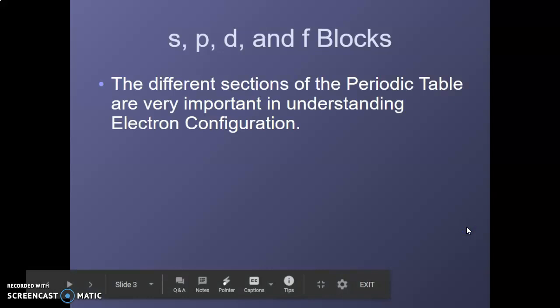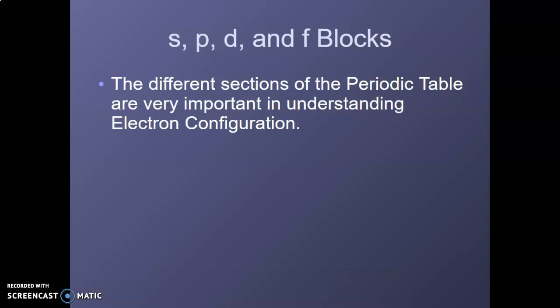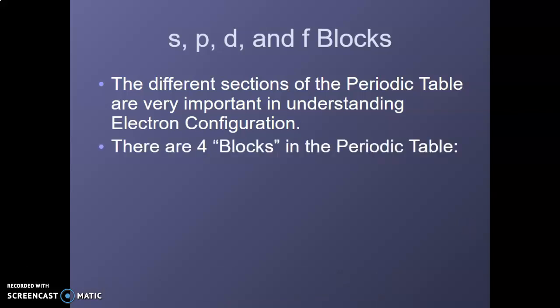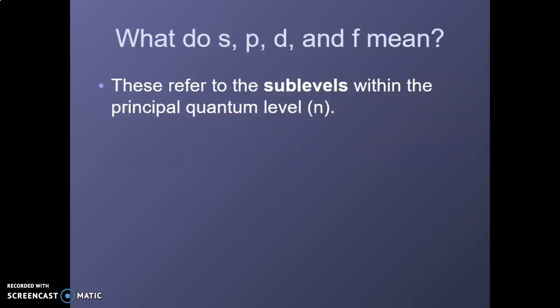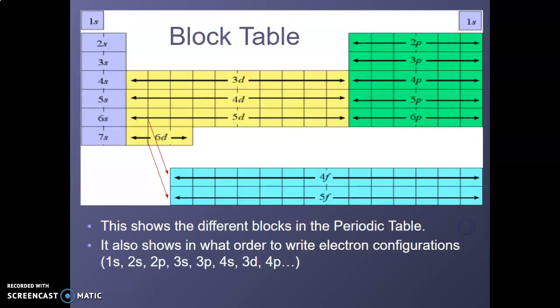Now first of all, S, P, D, and F are called blocks on the periodic table. These are different sections on the periodic table, and they're important for understanding electron configuration. So what do they mean? S, P, D, and F refer to sublevels within what are called a principal quantum energy level.